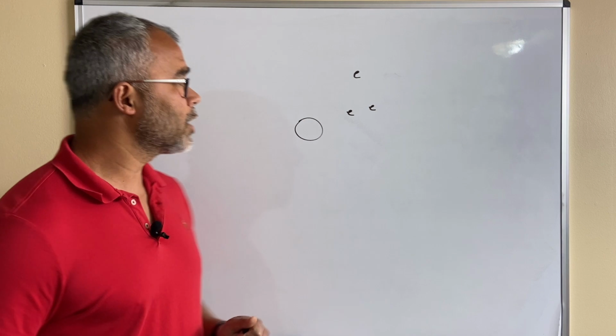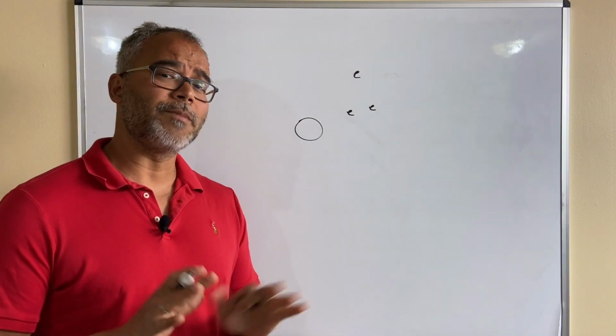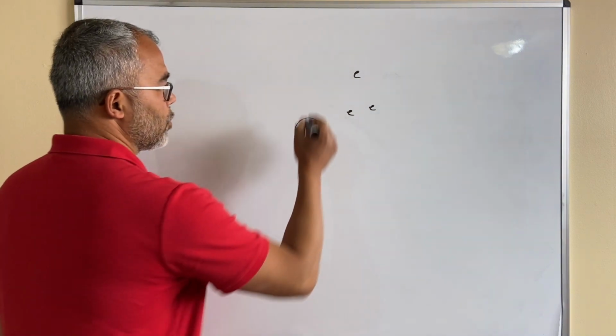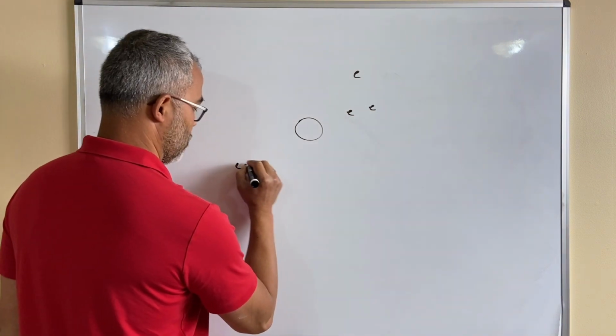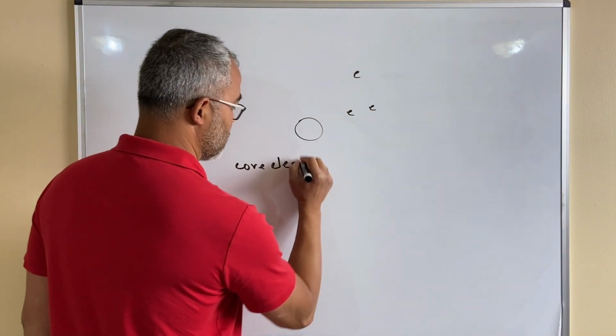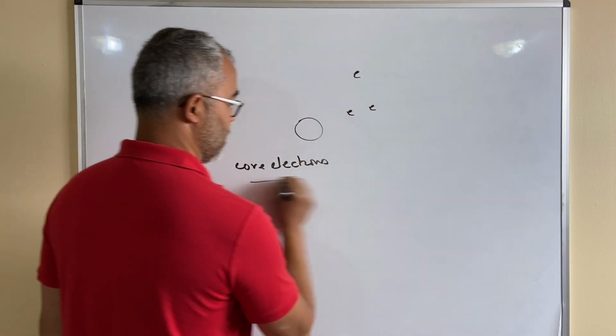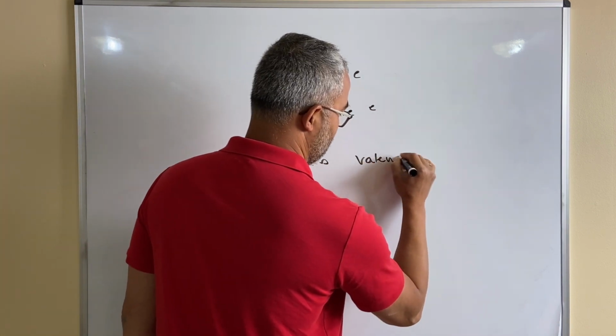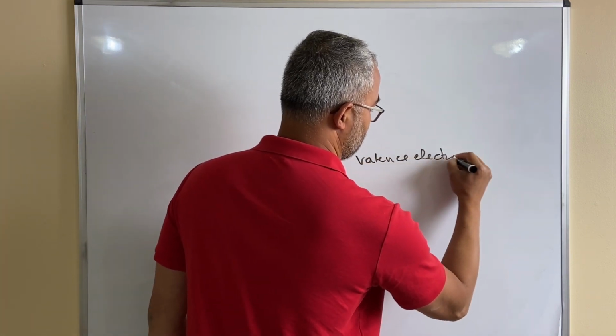Electrons in general, there are two types of electrons in an atom. You have core electrons, and then you have valence electrons.